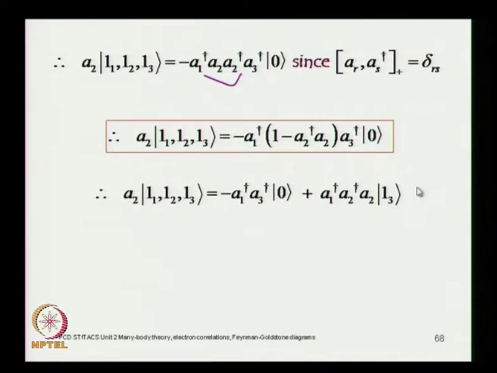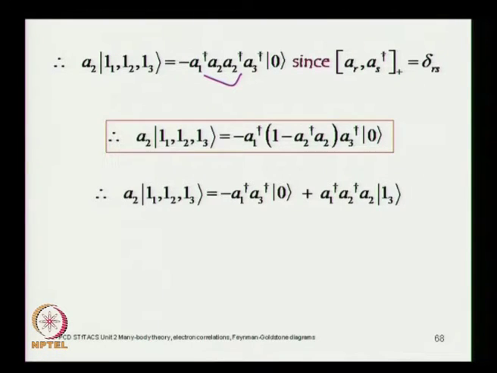Now, your state vector, look at the second term here. In the second vector, you have got one particle in the state 3, and this fellow can only destroy a particle if it existed in the state number 2. It cannot destroy a particle in state number 3.